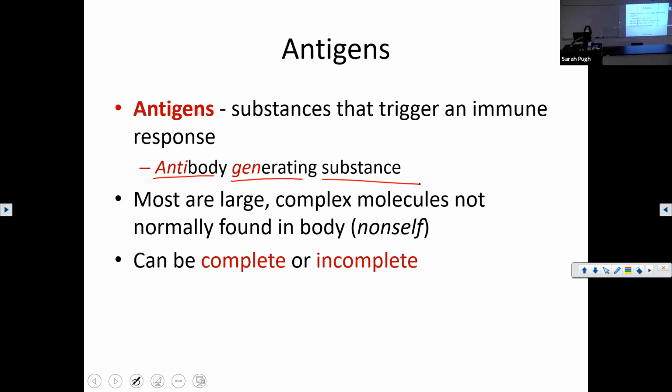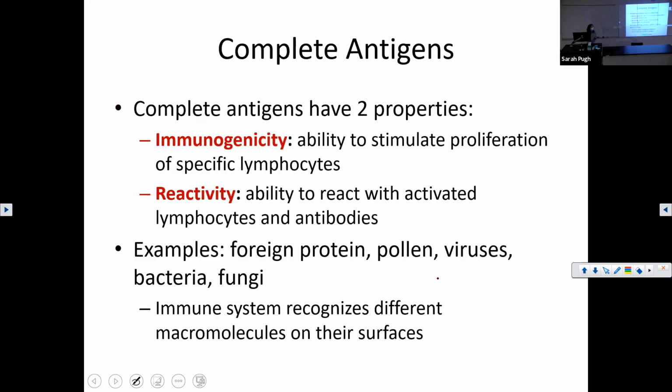Now, antigens can be complete or incomplete antigens. A complete antigen has two properties to it. One is immunogenicity. This means that your immune system recognizes it as foreign and it causes you to create more lymphocytes. It causes your immune system to react. And that's the second part, is reactivity. Lymphocytes and antibodies react to this foreign antigen.